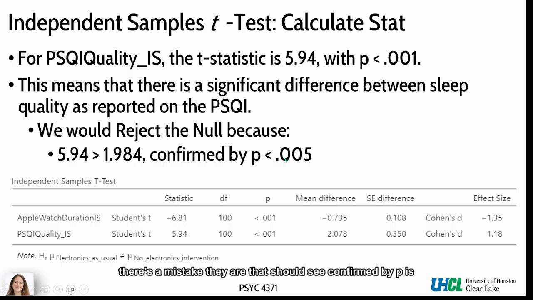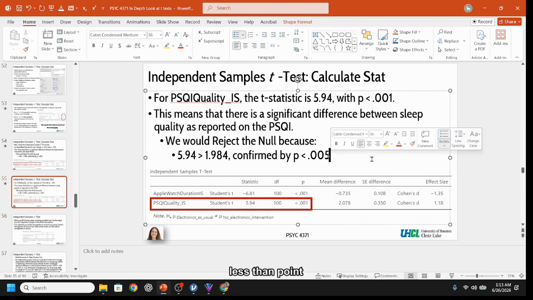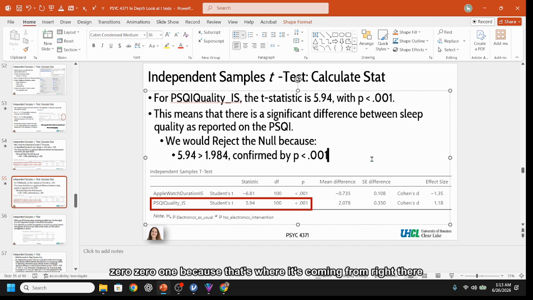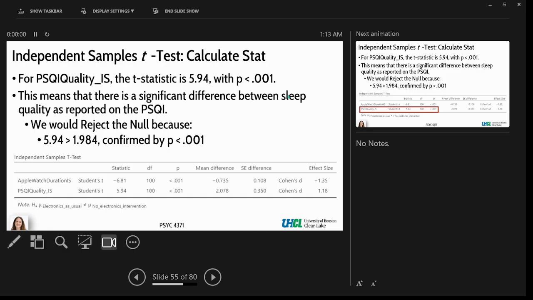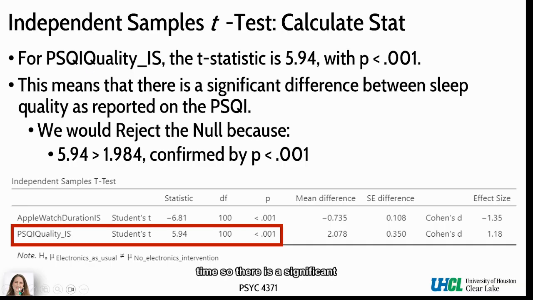That should be confirmed by p is less than 0.001, because that's where it's coming from right there. Okay, so there was a significant difference in sleep quality between those two groups. And you can see down here, mu electronics as usual, and then mu does not equal mu of no electronics intervention.